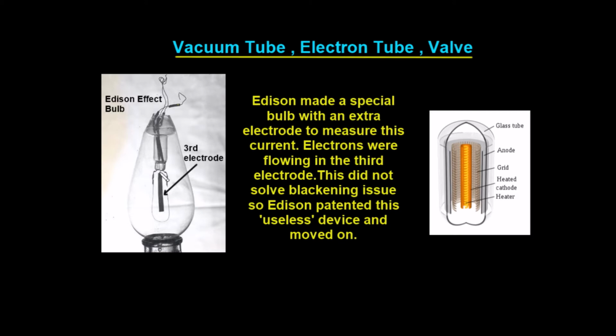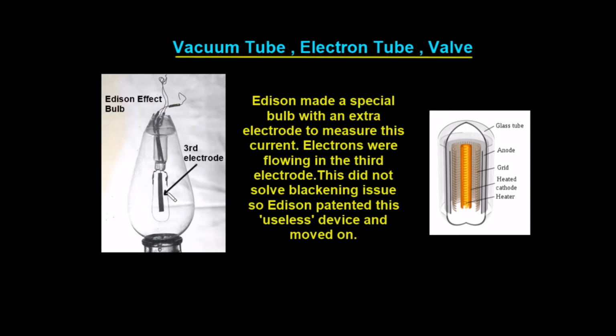So when he put this extra contact in, you can see the contact here, it's a small strip. He found that indeed there was a current flowing from the filament across the gap onto the inside of the bulb.